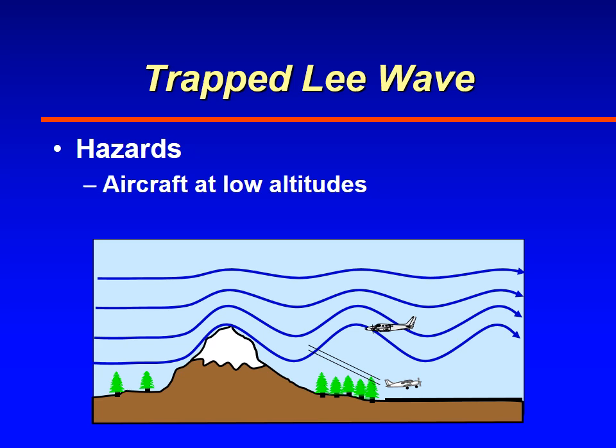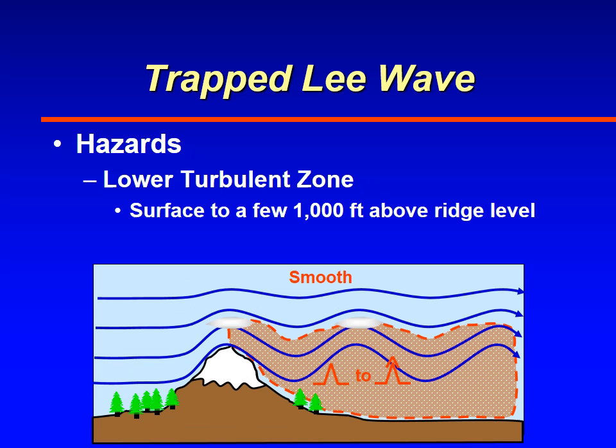Most of the hazards associated with trapped Lee waves are at low altitudes. Typically, of course, we said that you get strong shear that produces this type of wave. And you remember that strong shear usually induces turbulence. And that turbulence usually is at lower altitudes. So below the height of lenticular clouds, perhaps you'll find the turbulence. We call this the lower turbulent zone, and usually that's a few thousand feet above the ridge level and below.